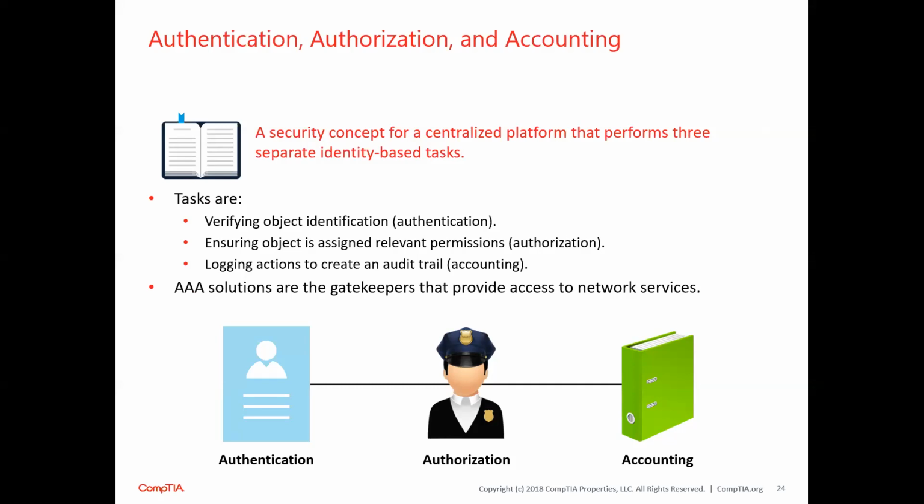We normally authorize a person to access a particular object or objects. That's why we have the ACL, access control list. And then we have the logging action to create the audit trail, known as accounting.